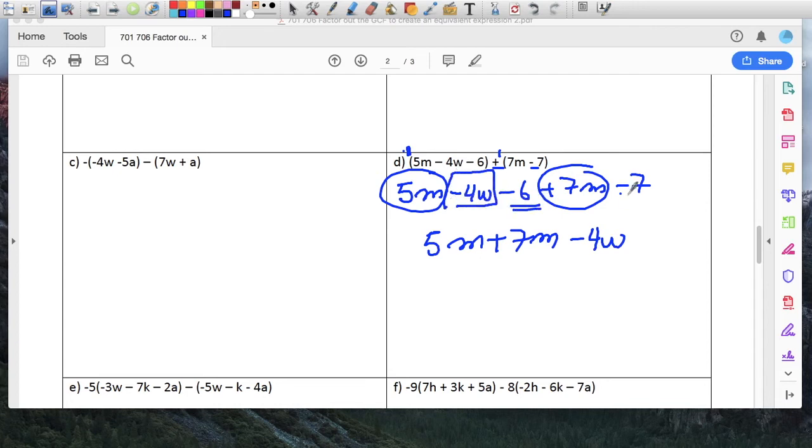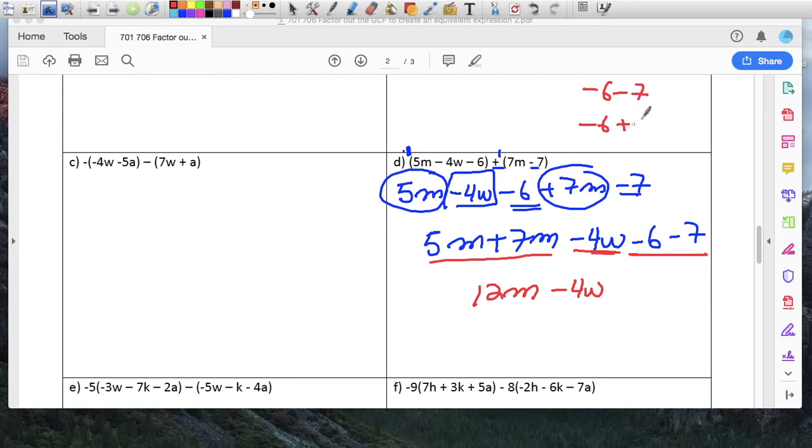And then minus 6 and minus 7. Minus 6, minus 7, change it to addition.